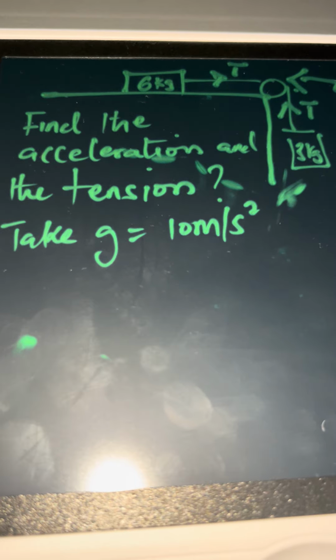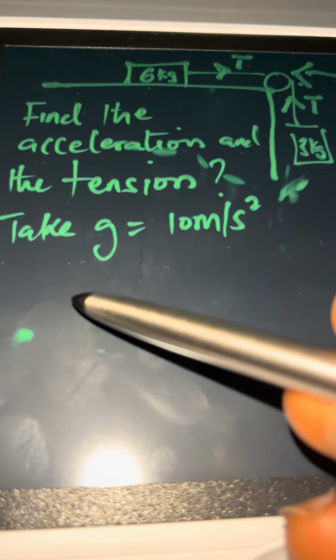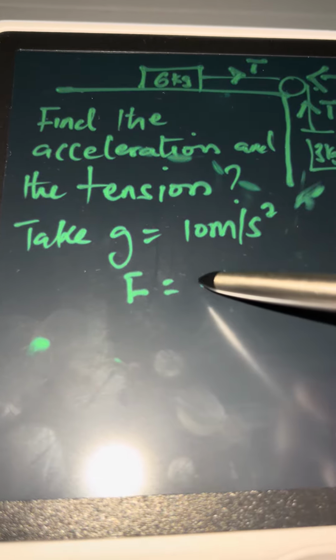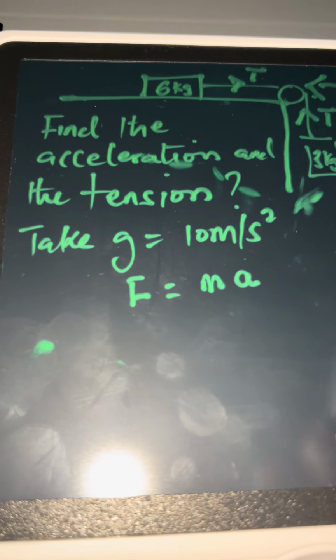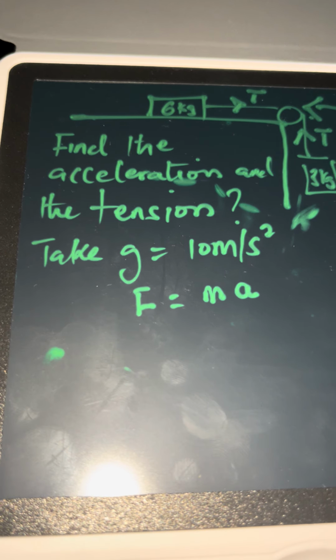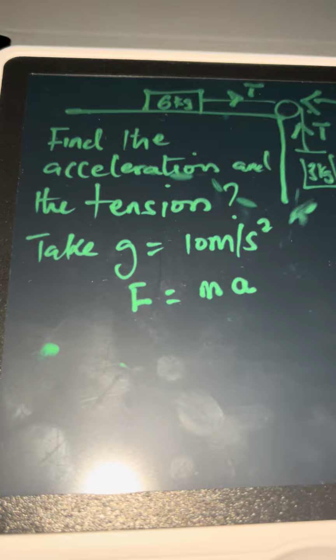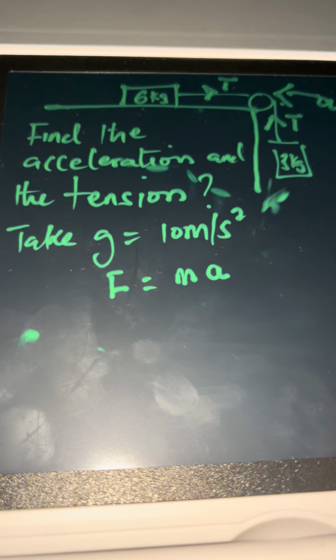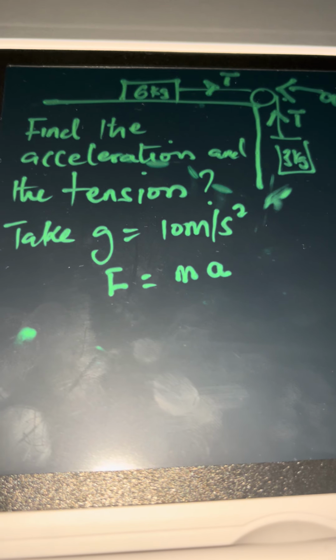From Newton's second law, you have that F equals ma. This is the fundamental Newton's second law. When you look at this pulley, you are having two masses.